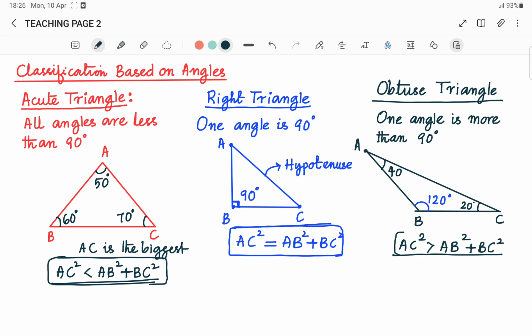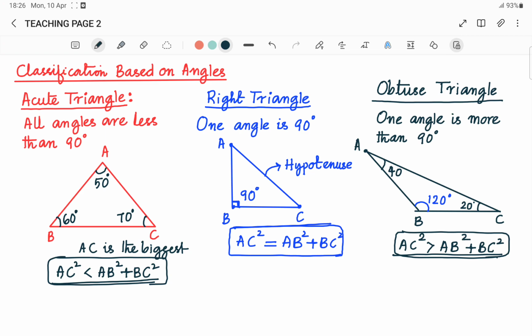So, if sides are given, to identify what kind of triangle, whether acute, right angle or obtuse, first you have to identify the biggest side. If AC square is less than AB square plus BC square, we call it acute. If AC square is equal to AB square plus BC square, it is a right triangle.